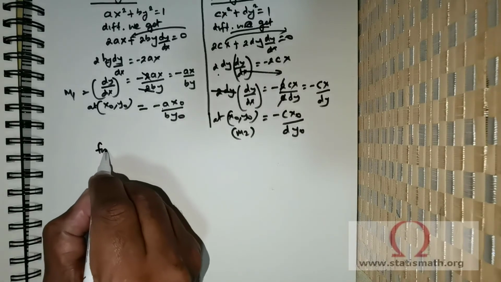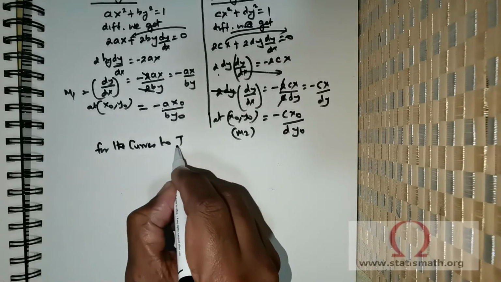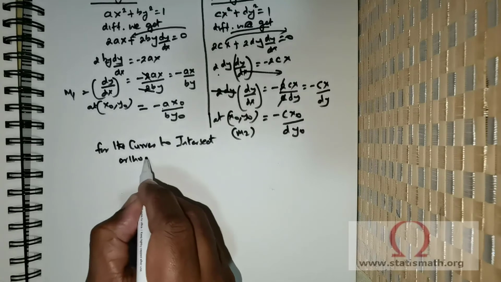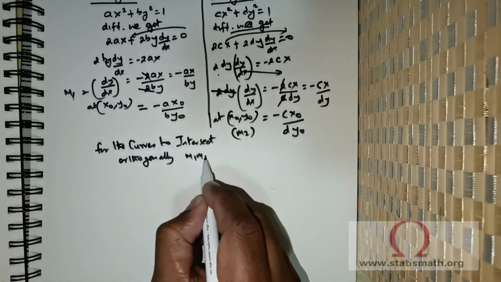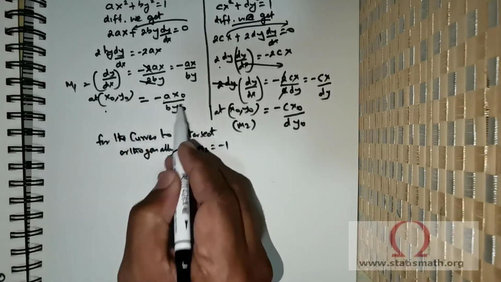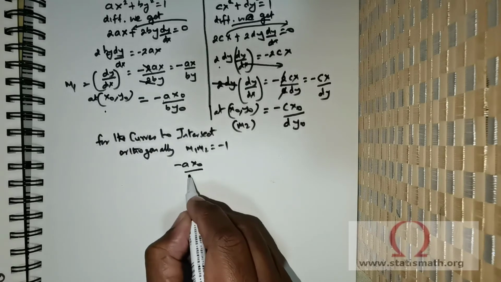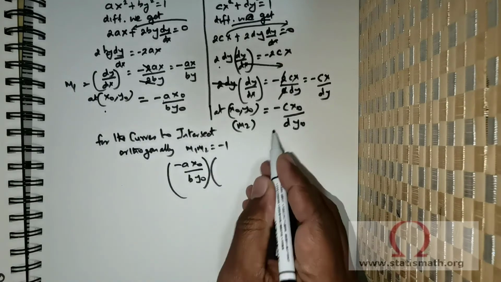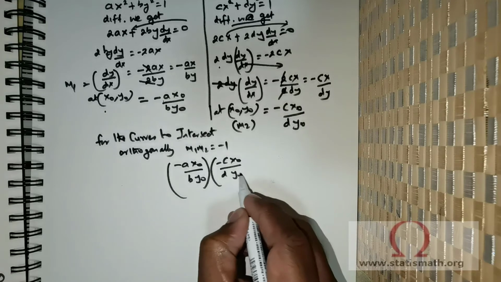Now for the curves to intersect orthogonally, we need to get m1 m2 to be equal to negative 1. So this is m1, so that's going to be negative a times x0 divided by b times y0, multiplied with negative c times x0 divided by d times y0.